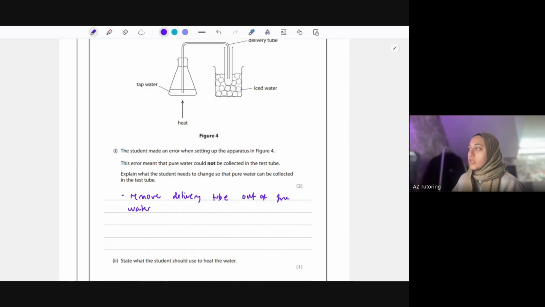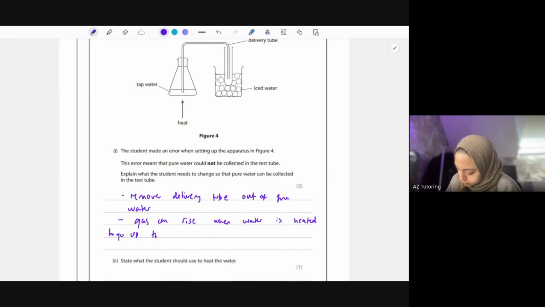So bringing it slightly above, so explain that as well. So the gas can move through. So gas can rise when water is heated to go up the delivery tube.